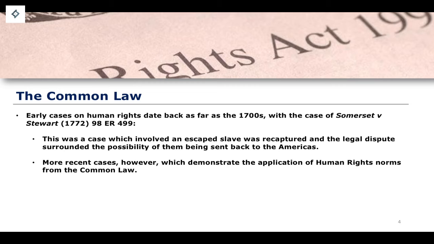Now, more recent cases talk about how we see the application of human rights norms from the common law perspective, but it should be noted that one of the influences at play here in the case of Somerset and Stuart is this question of whether or not the rights of the human being who was classified as the slave should be considered when making the decision as to whether or not they should be sent back to the Americas to live out the rest of their lives as slaves.